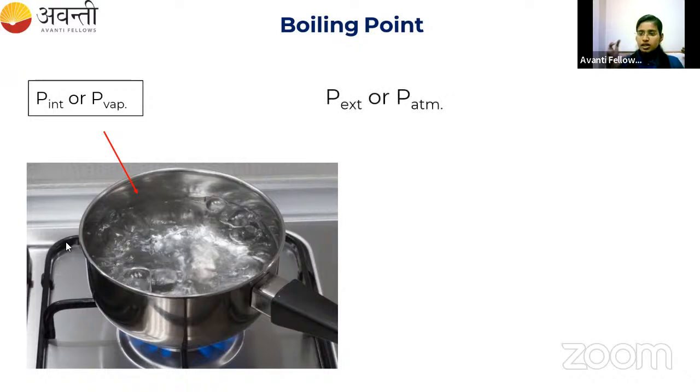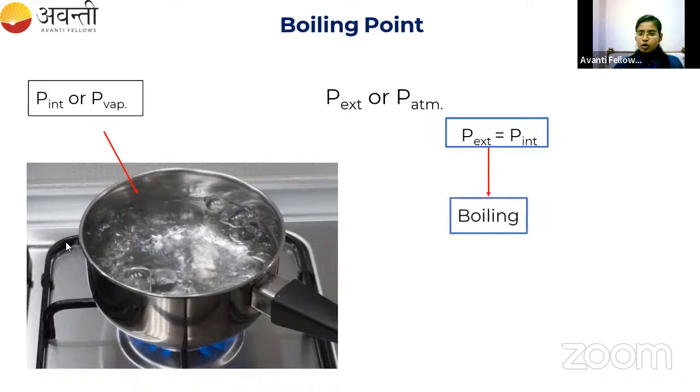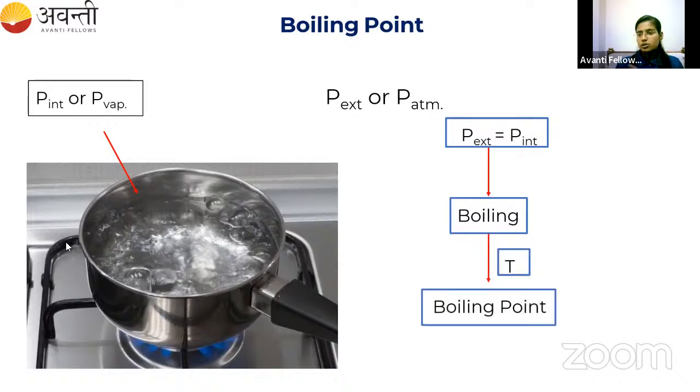When the external pressure becomes equal to the internal pressure, what happens? The substance will boil. So boiling happens in that. And the temperature at which the boiling occurs for that particular component is called the boiling point.